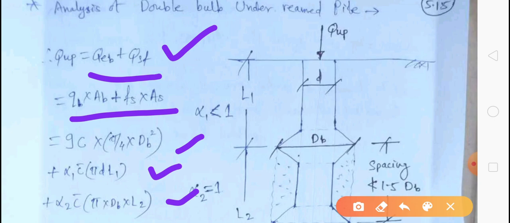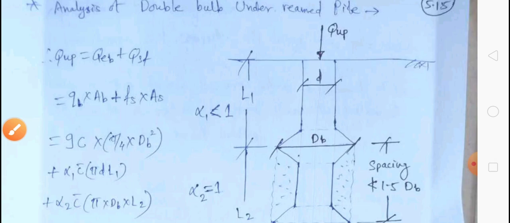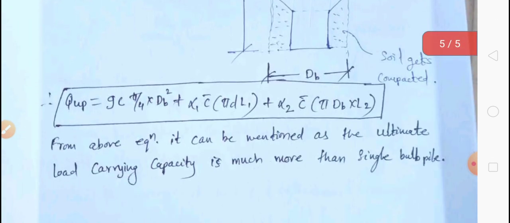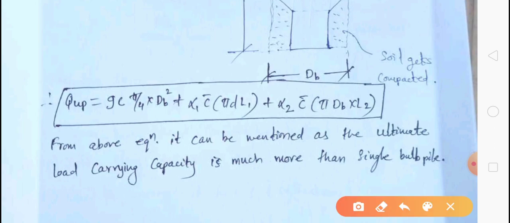For this L2 portion there is an increased diameter, and for this L1 there is the small diameter d. Therefore the final equation is the addition of QEB plus QSF, which will be the load carrying capacity of the under-rim pile.